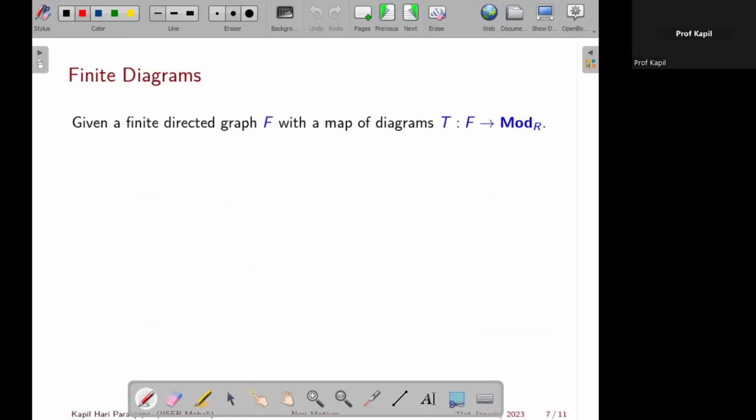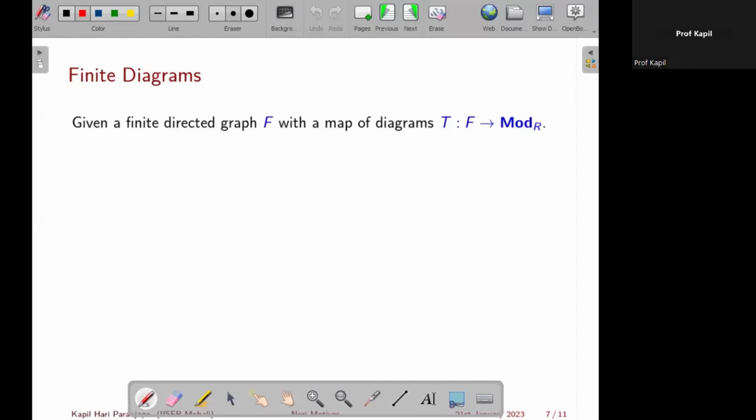Okay, so as I mentioned last time, the basic idea is to solve the problem for finite diagrams. Once you solve it for finite diagrams, then we'll see how we can put it together. So you have got a case of a finite diagram. So you've got a finite directed graph with a map of diagrams. What does this mean?